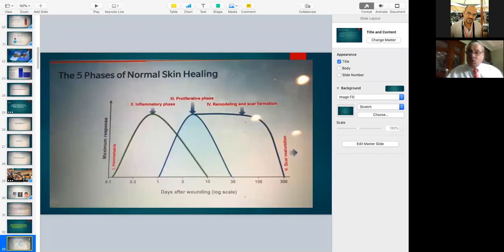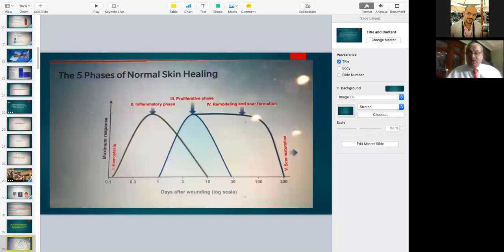Before I go to wound closure, it is very important to get an idea about the normal phases of skin healing, which start with hemostasis, the inflammatory phase, and the proliferative phase, where fibroblasts are proliferating, then remodeling and scar formation, then scar maturation.